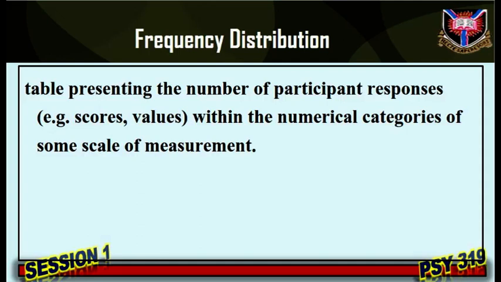A frequency distribution is a table presenting the number of participant responses, e.g., scores, values, within the numerical categories of some scale of measurement. Thus, frequency distributions display the type of response made in a piece of research, as well as how many participants actually made each response, that is, frequency.